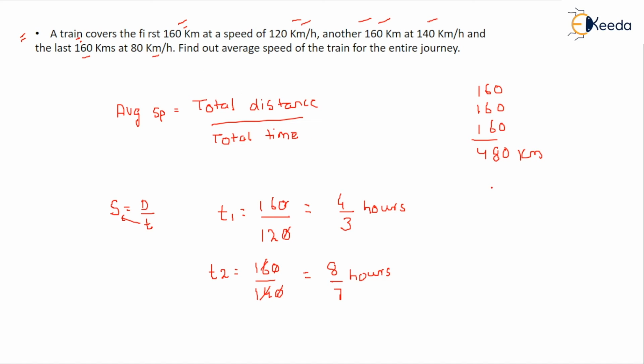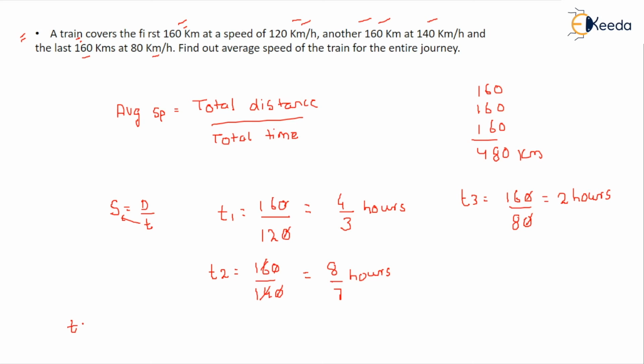Now the last 160 kilometers will be time 3. The distance is the same, 160 kilometers, covered at a speed of 80 kilometers per hour. By doing this, we find that it took 2 hours to cover this distance.